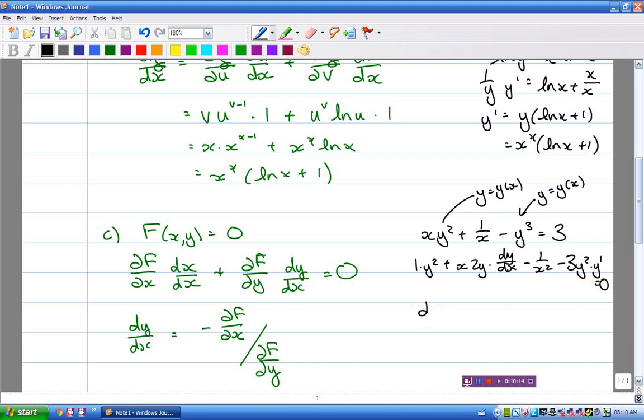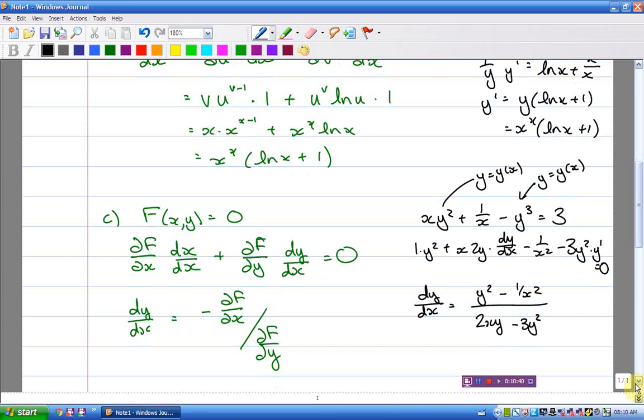If we made dy by dx the subject of that thing, I'd be taking across all the terms that didn't have dy by dx in them, y squared minus 1 over x squared, and then I'd be dividing through with the factor that I'd get if I took dy by dx out as a common factor. So what would it be? It would be 2xy minus 3y squared, if I'm not mistaken.